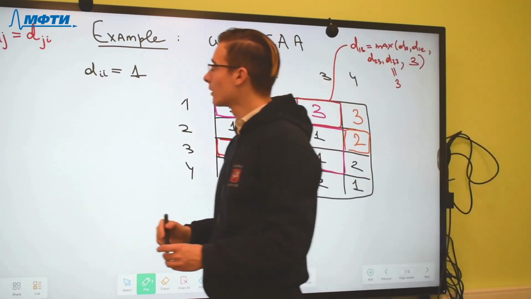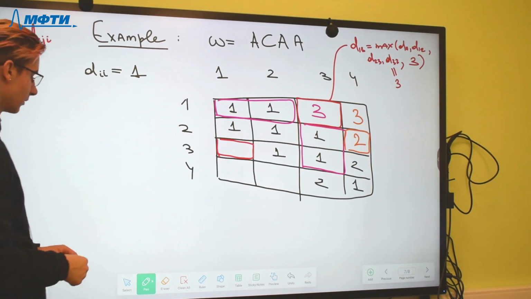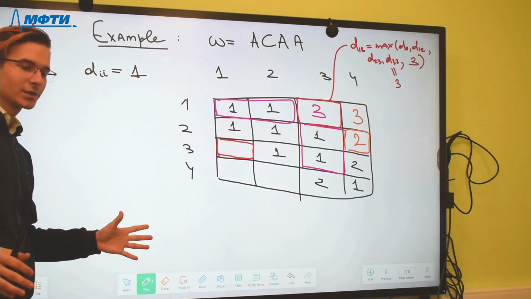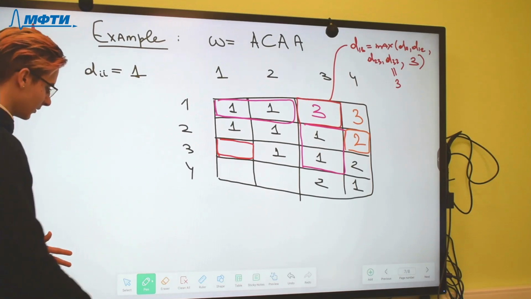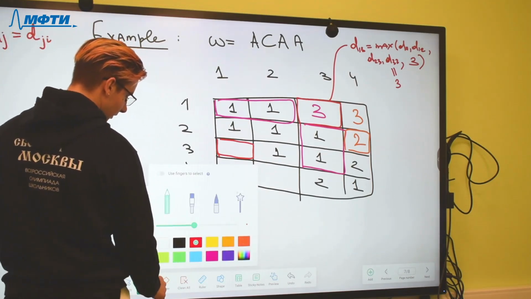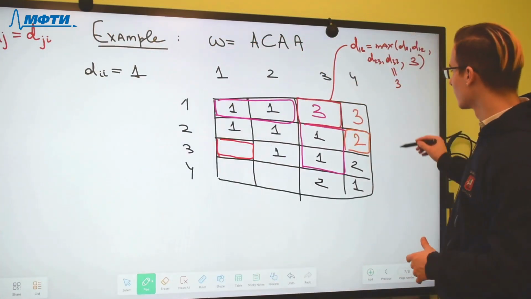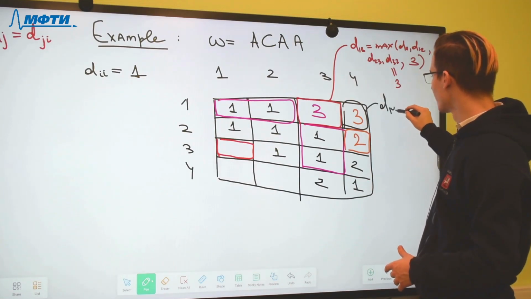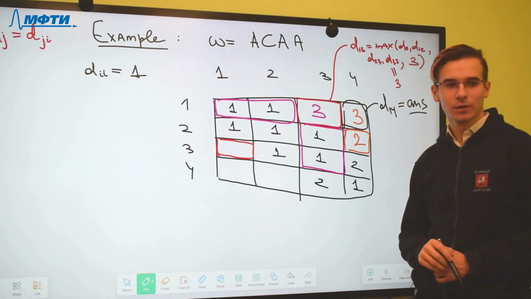And so what is the answer to our question? The maximum palindrome from position 1 to position n. D with index 1 and n. It's the answer for our task.